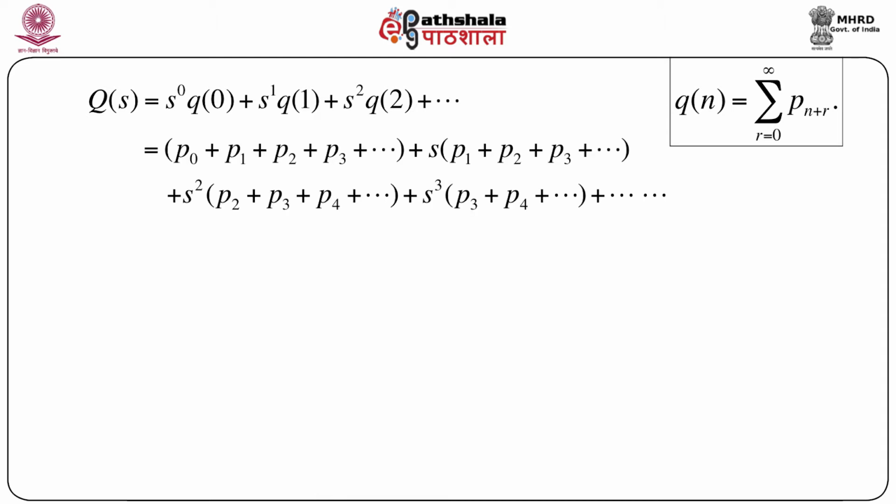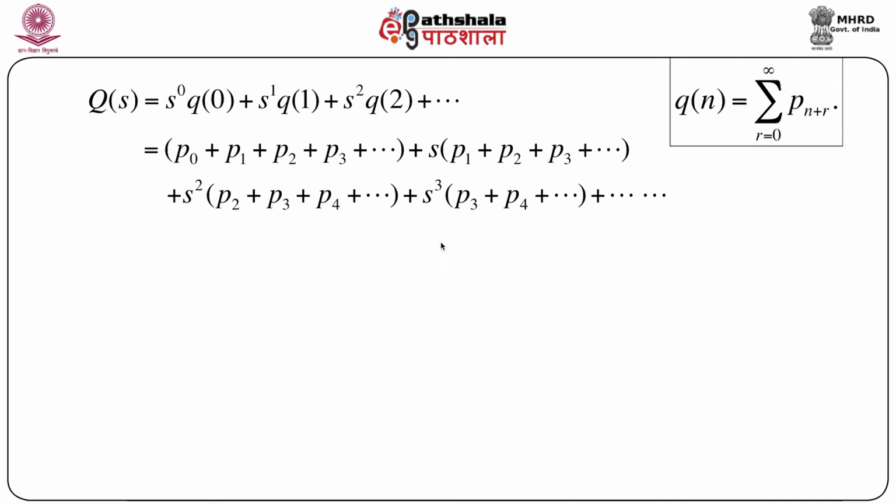The first quantity q_0 is p_0 plus p_1 plus p_2 plus p_3 and so on, plus s times q_1. Now q_1 starts from p_1, so p_1 plus p_2 plus p_3 and so on, plus s squared q_2, which starts from p_2, then p_2 plus p_3 plus p_4 and so on. Similarly, s cubed into p_3 plus p_4 and so on.